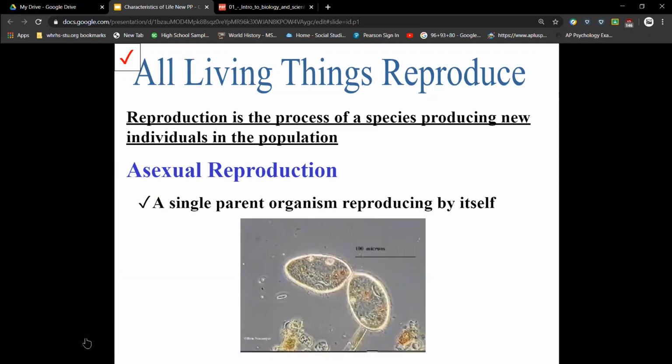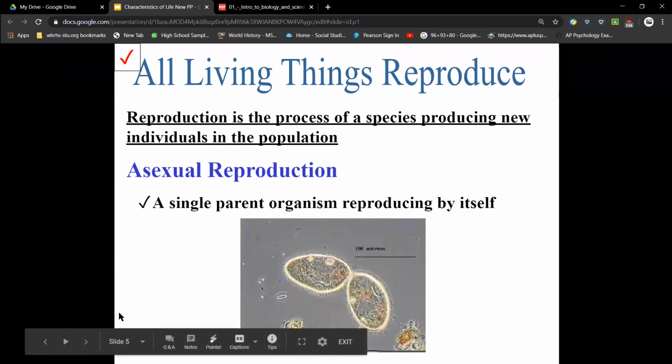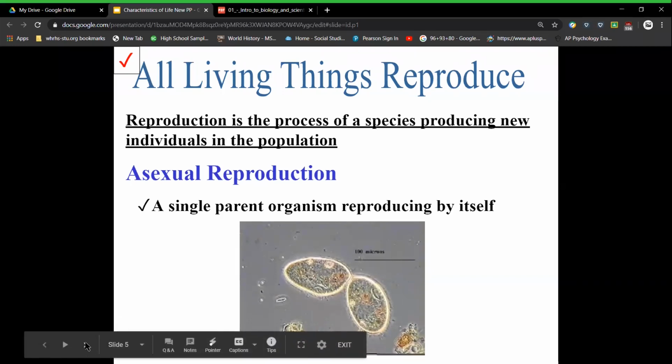An example of this is in bacteria. You'll have a whole bacterium, and it will literally just split down the middle, and it'll create two new organisms. It's called binary fission, and it's an example of asexual reproduction in bacteria. It's just one parent producing more offspring.